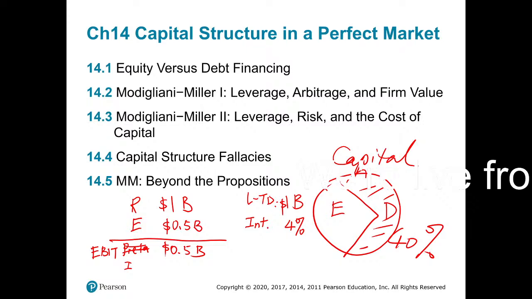That is 0.04 billion. Then you get to 0.46 billion. This is what we call pre-tax income.